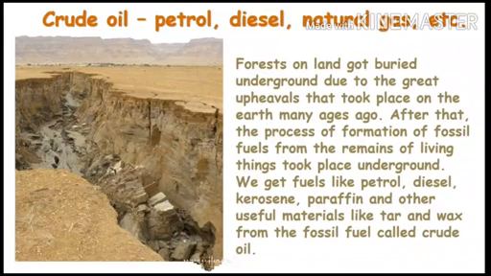After that, the process of formation of fossil fuels from the remains of living things took place underground. We get fuels like petrol, diesel, kerosene, paraffin and such others, and useful materials like tar and wax from the fossil fuel. This is called crude oil.